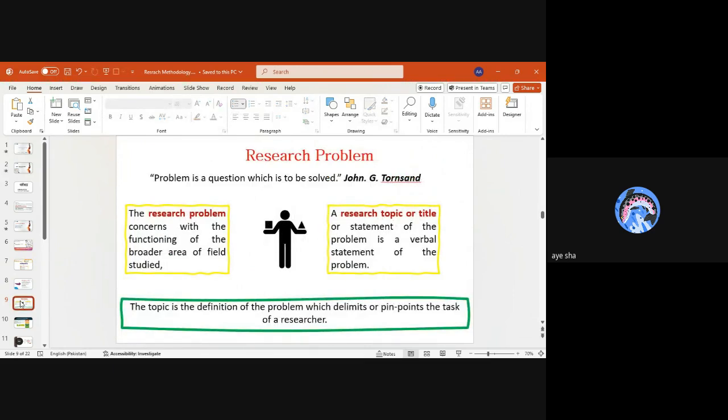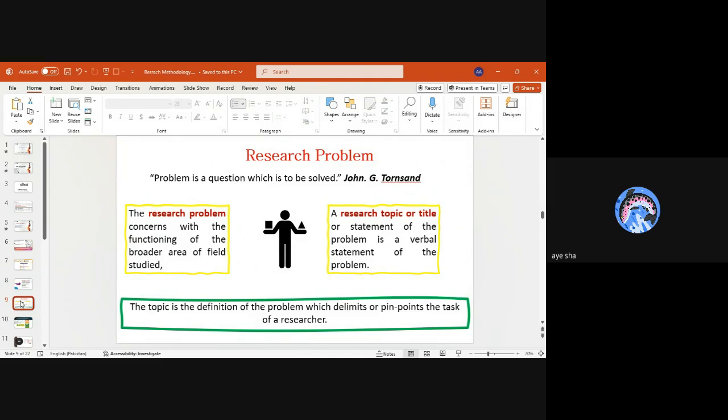The first is the research problem. Now, a problem, as you all know, is any question that needs to be solved, right? A problem is a question that you have to solve, right? But there are two things that many people confuse with it. One is the research problem and the other is the research topic or the title.